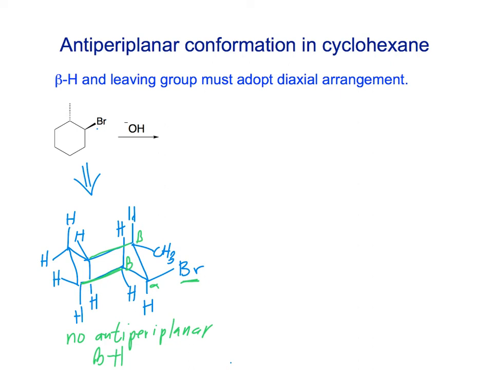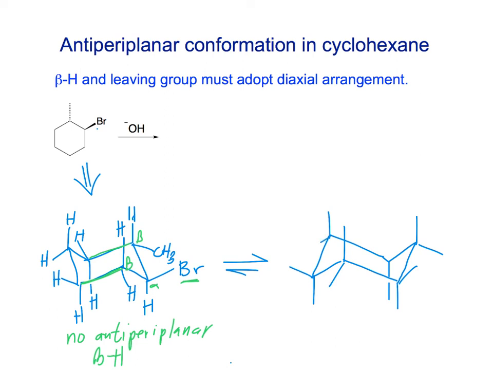So how do we find that arrangement? Well, what we have to do is a ring flip. And we have to get the bromine into an axial position. That's the only way that it can have an anti-periplanar hydrogen. So we're just going to redraw this in its alternate chair conformation. I'm going to draw in all the bonds here. There's all the axial and the equatorial bonds. You guys should be pros at doing this by now.